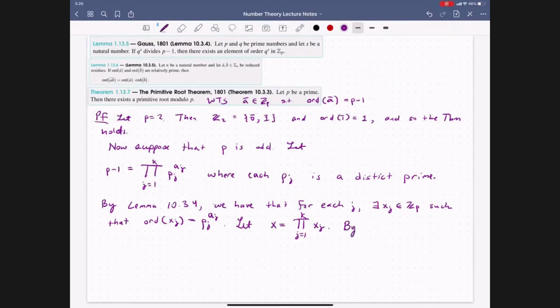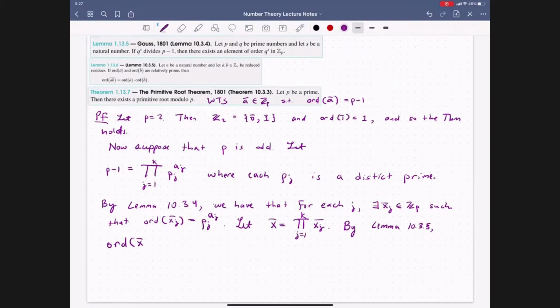Then, by lemma 10.3.5, and one of the homework questions will have you show that this extends to being multiplicative over a product, and this is just the inductive step. So we actually have, as a consequence of lemma 10.3.5, the order of x bar, and I forgot the bars on the front here. So we have these.